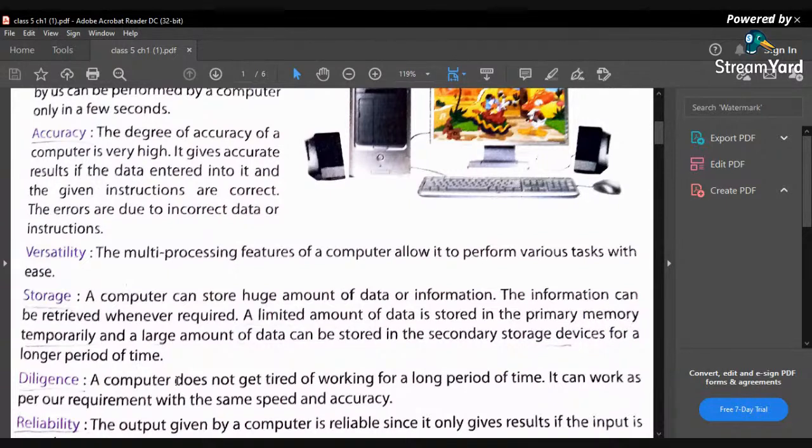So primary memory is temporary memory with very limited capacity, and the other is secondary memory. It has a huge memory capacity, and it can store this data for a long period.